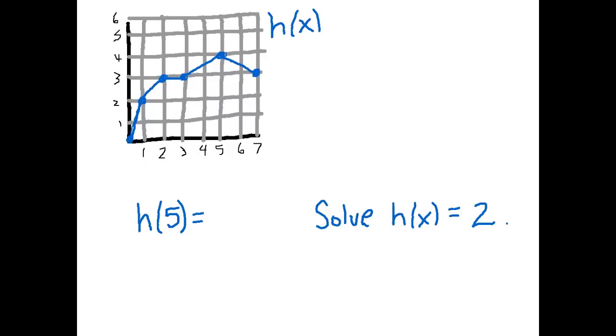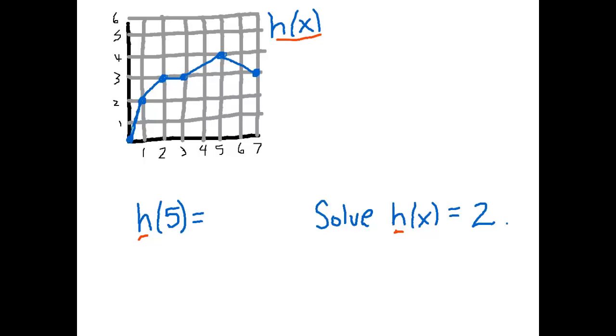The next slide, we have a graph. And this graph has a function name called h of x. So notice I've dealt with 3 different things. They all had different names. So when I see h of x, that means that whenever I see h involved in the question, I should probably be using this graph up here.